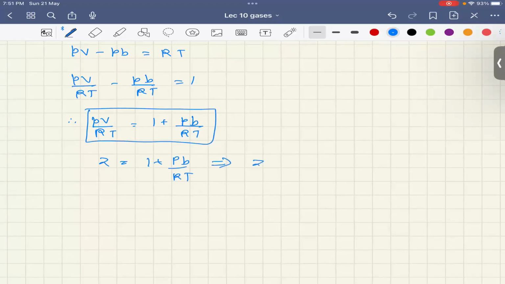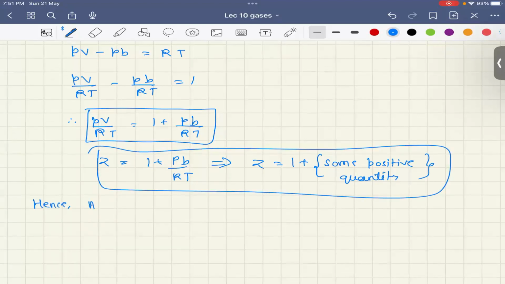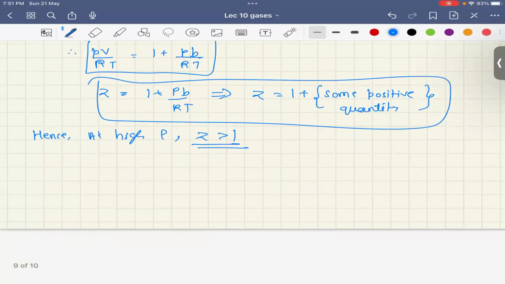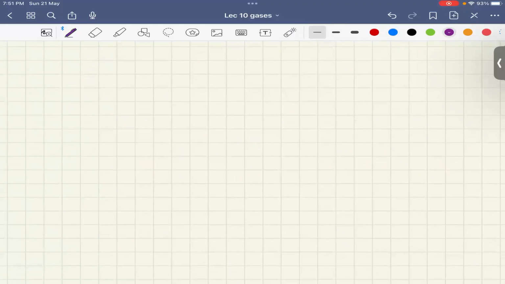This implies Z is equal to 1 plus some positive quantity, right? Hence, at high pressure, Z is greater than 1, right? Now let us move on to the third, which is at high temperature and low pressure.